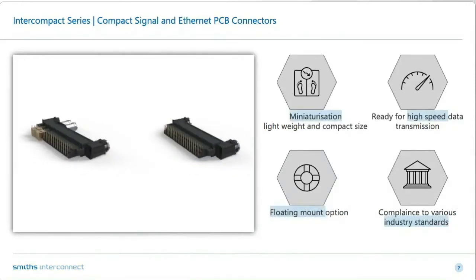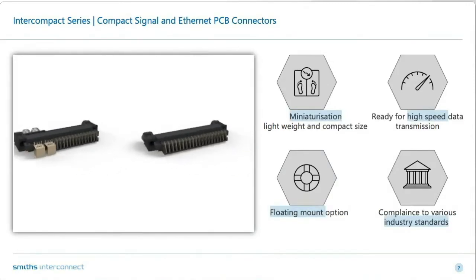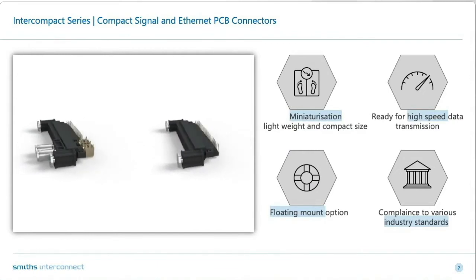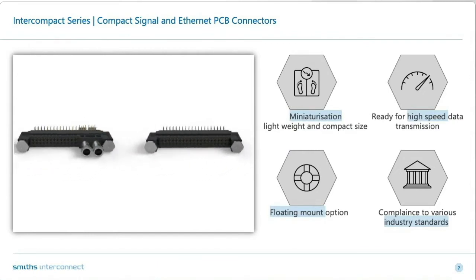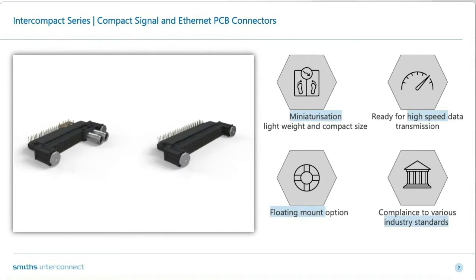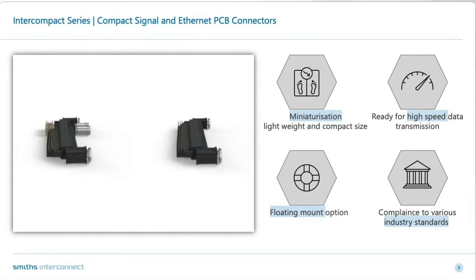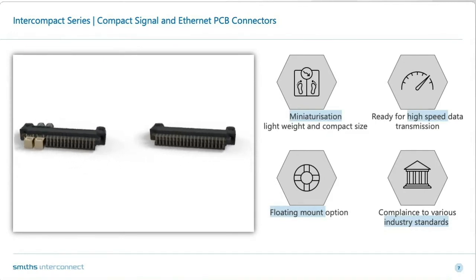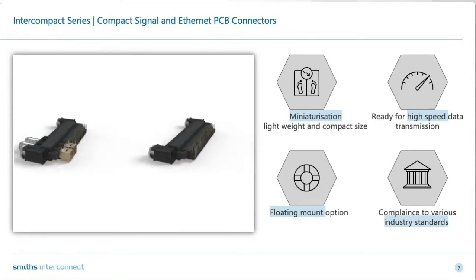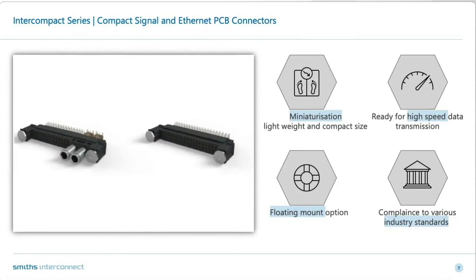So what you see here on the left is the connector which has two Ethernet connections and 42 signal pins. And the one that you see on the right is a complete 60 pin for signal connectors. So these are the two different variants.